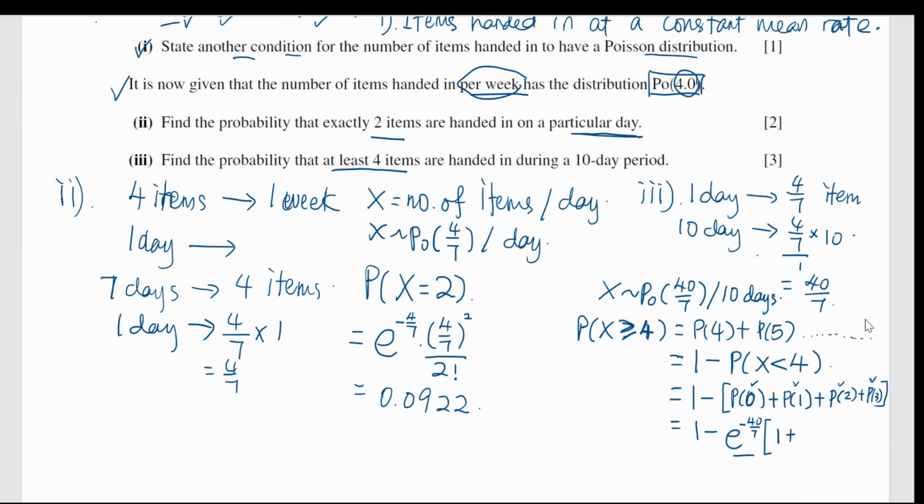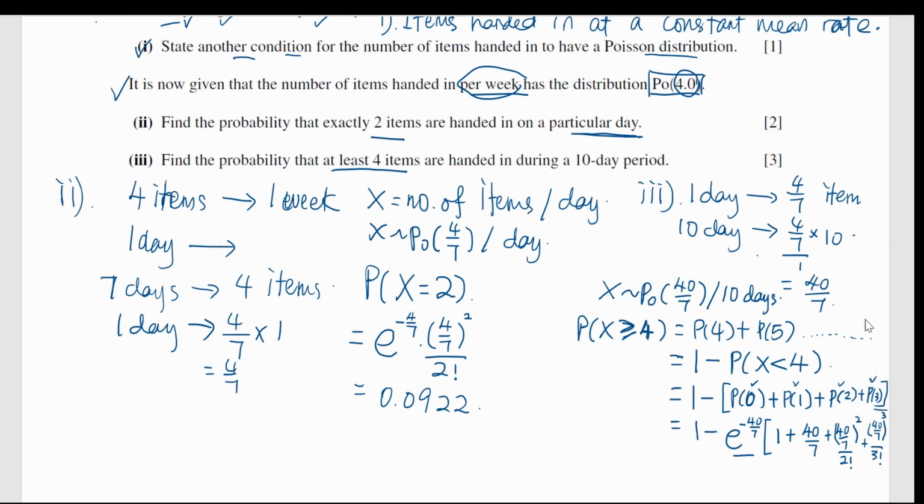Then when X is 1, you get this, and then the mean to the power of 2 divided by 2 factorial, and 40/7 to the power of 3 over 3 factorial.